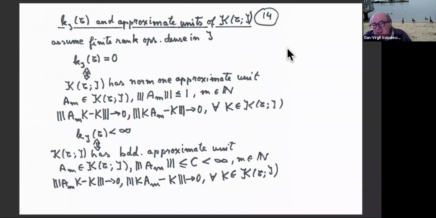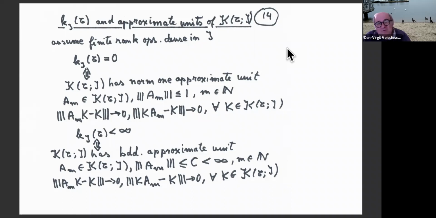Now, what is the connection between the quasi-central modulus and this commutant? It has to do with approximate units of the compact ideal of the commutant. I mean, the full commutant mod the normed ideal is a kind of double centralizer of the compact ideal.